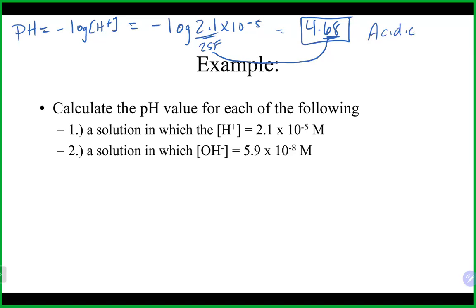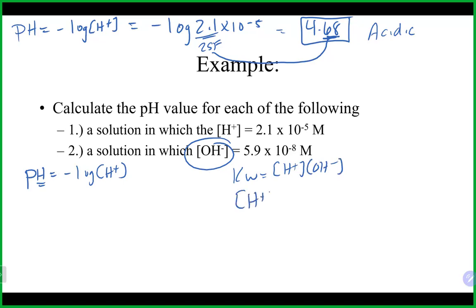Now for number 2 here, we are calculating the pH, minus the log of the H plus. It does tell you in the name what you need, and that is not what we have. We have the OH minus here, which means we can go back using our Kw relationship, and the H plus concentration will equal 1 times 10 to the minus 14 divided by our OH minus concentration. And that's going to get us there.